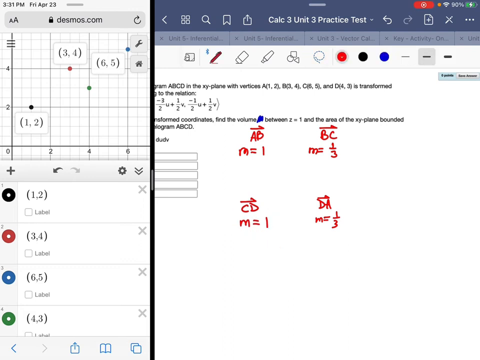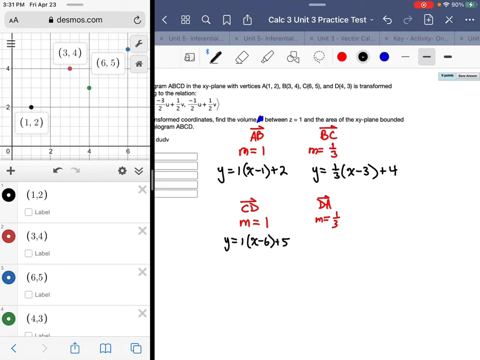So I could write this as y equals 1 times x minus 1 plus 2. From B to C, y equals 1/3 times x minus 3 plus 4. From C to D, y equals 1 times x minus 6 plus 5.